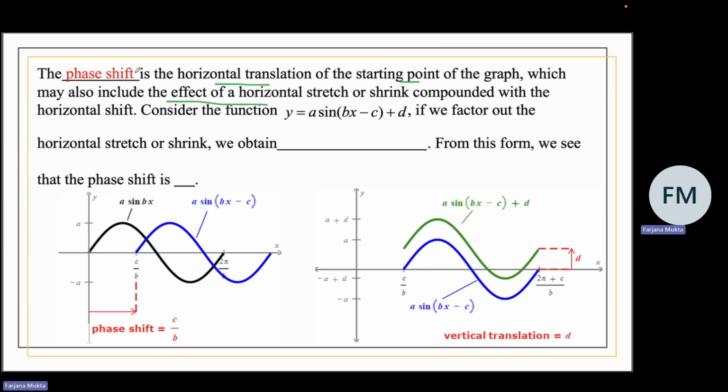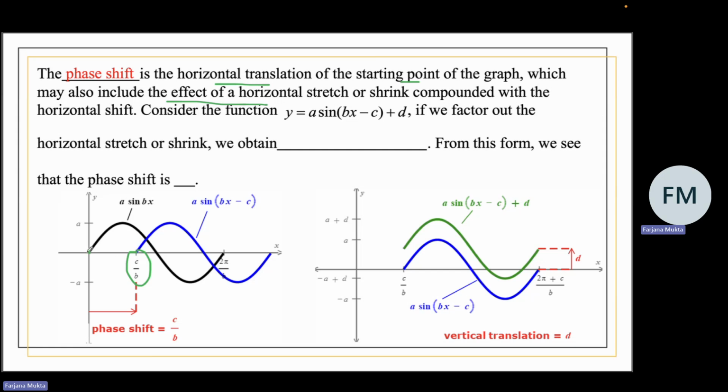Once again, the phase shift is the horizontal translation of the starting point. Since sine x starts from 0, at the origin, if after the translation my graph is now starting from a point to the right of 0, that is going to be my phase shift. I hope it makes sense.